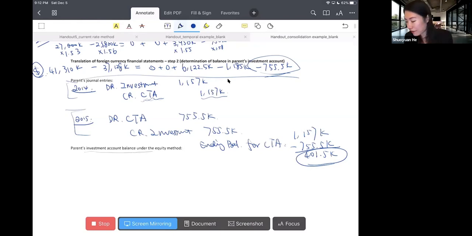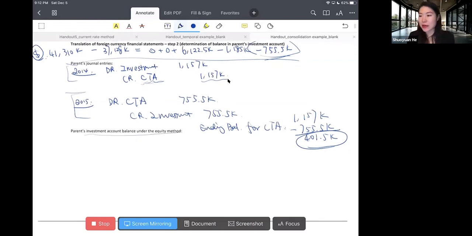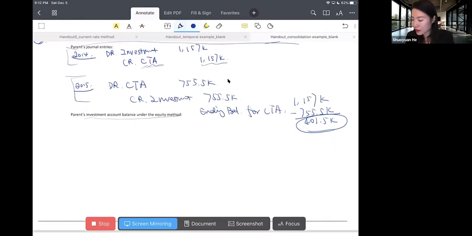And then the parent's investment account balance under the equity method. So let's look at what is the, under the Great British Pound and under the US dollars, the original value is 25 million investment in Great British Pound. And then in 2014, the firm's net income is 1.1 million.